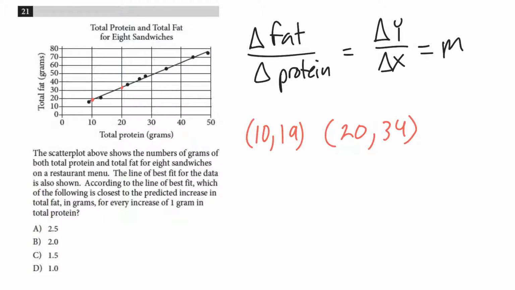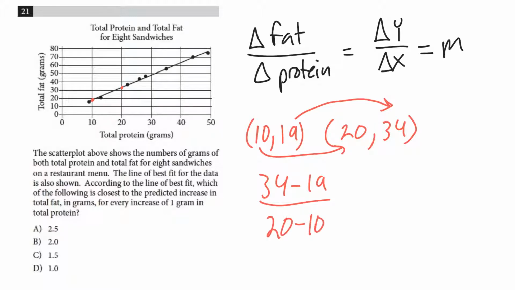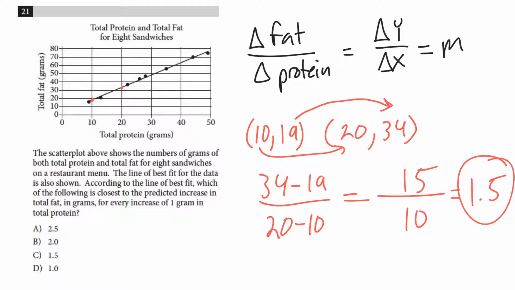So change in y is going to be 34 minus 19. Change in x is going to be 20 minus 10. So it's going to be 10 in the denominator, and in the numerator we're going to get 15. So that's going to be 1.5. And it sure looks like C is going to be our answer.